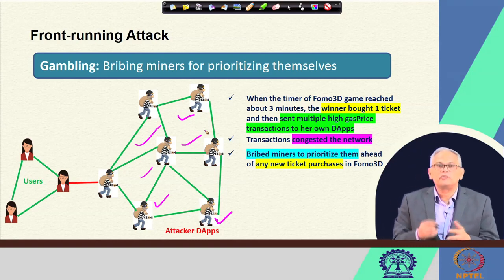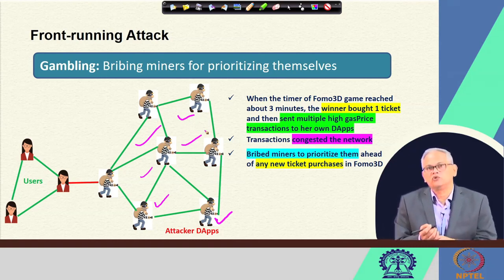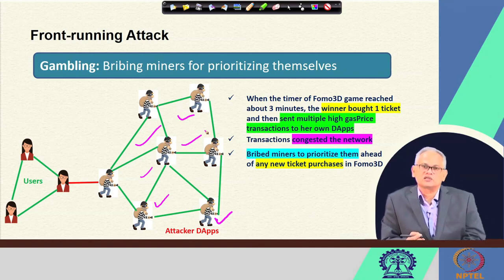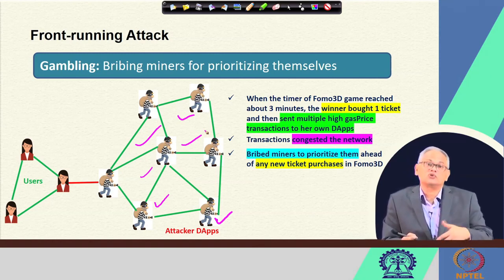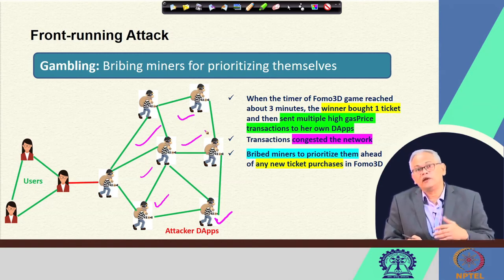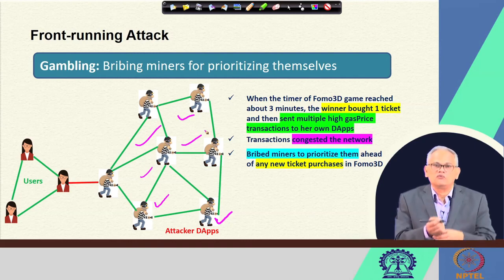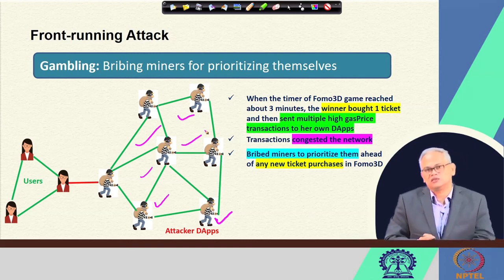Depending on the amount of money that was to be won in this game and so on, the attacker could take some more unfair means beyond flooding with his own DApps transactions, or he could have actually spent more gas, so that the miners will be more than willing to include his transactions in the blocks.